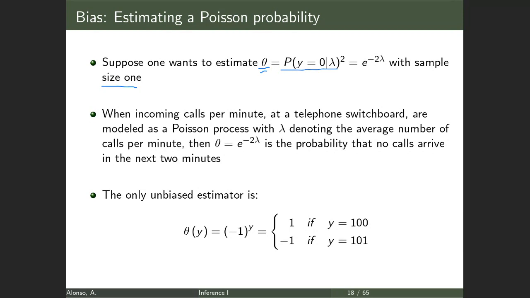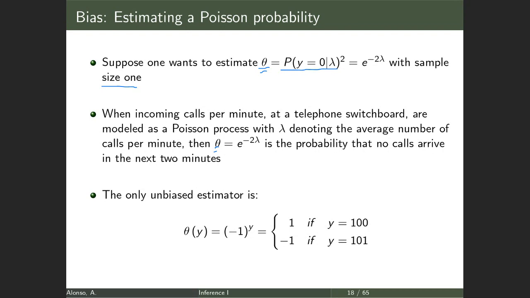And how many calls you're going to get in 1 minute can be modeled by a Poisson process with lambda denoting, of course, the average and also the variance of this distribution. Now, this parameter we are trying to estimate here, this theta, will be the probability that you get no calls in the next 2 minutes.